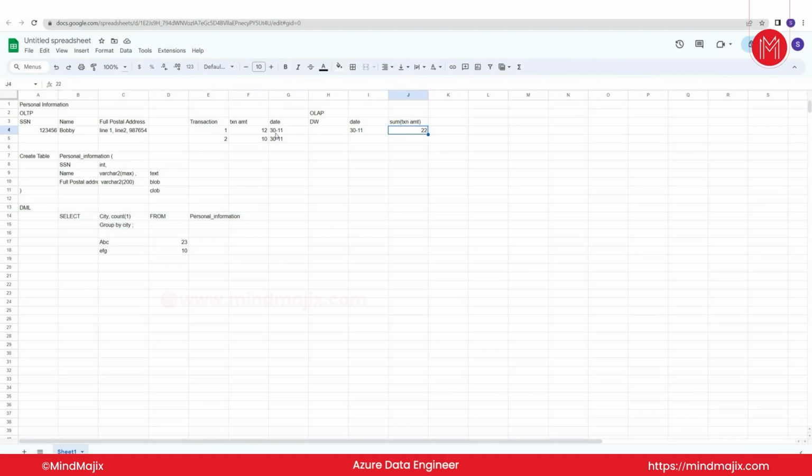So even if you have 10 transactions in the transaction table, it will be stored as a single record under your USN or your customer ID, which is the primary key.